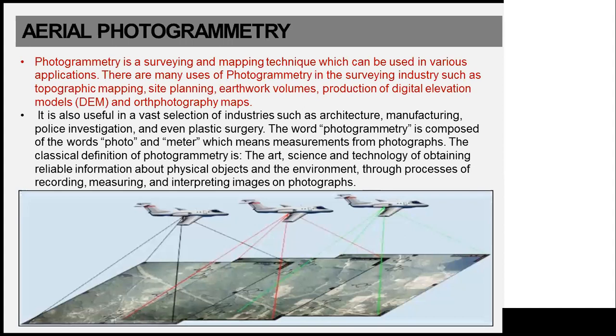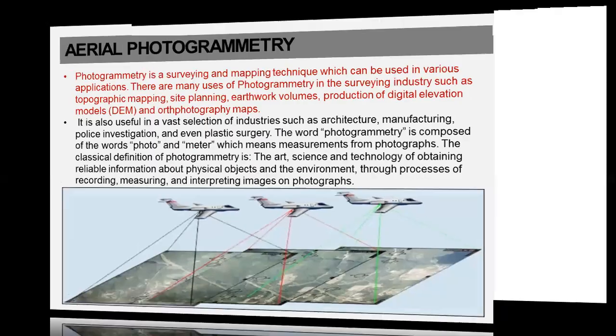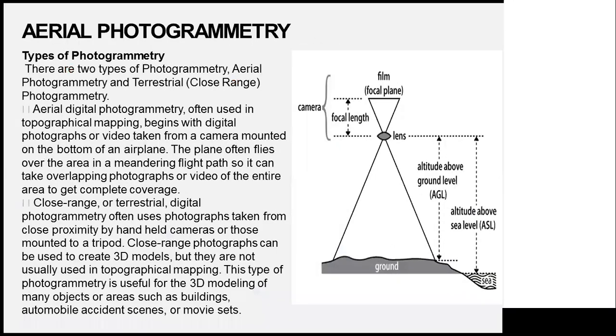Okay, so these types of high resolution cameras are used to capture these images, and then the images are combined together. The types of photogrammetry are also given. So the digital instruments are used. Now sometimes 3D models are to be prepared, and for that you need close range or terrestrial digital photography, right?